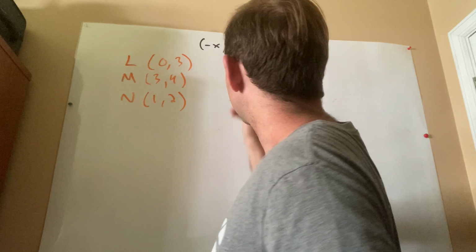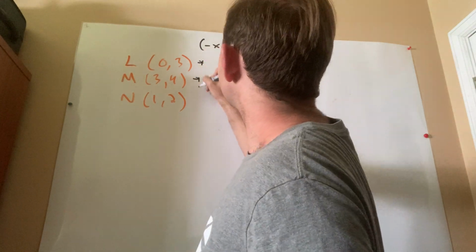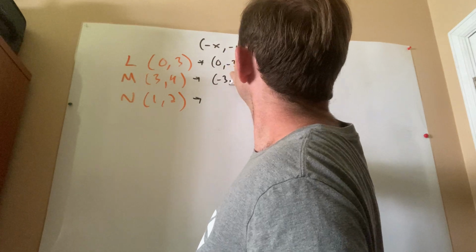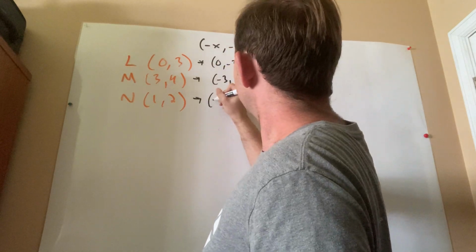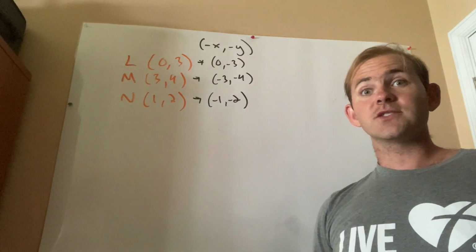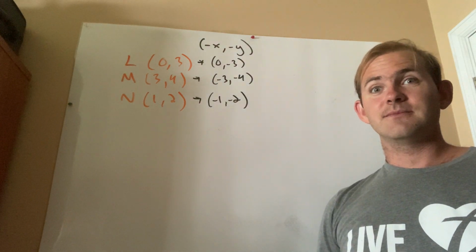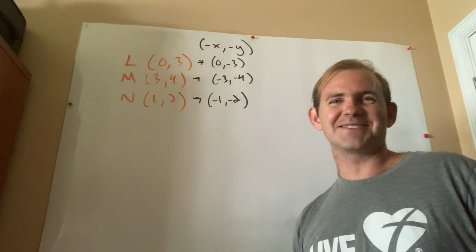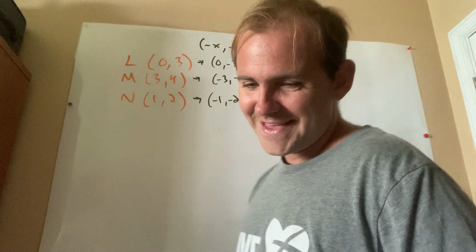No order switching. So let me write out my new points: (0, -3), (-3, -4), and (-1, -2). Are there any questions? Silence. I mean, if there are, you're welcome to ask me later, but I'm going to assume that that's pretty easy, just changing the signs, right?